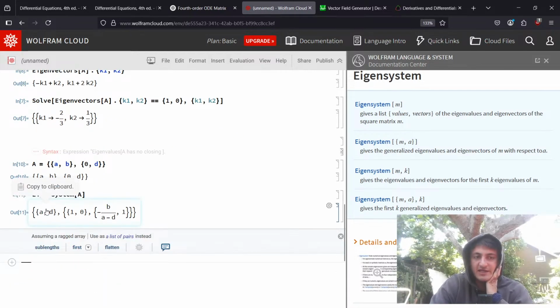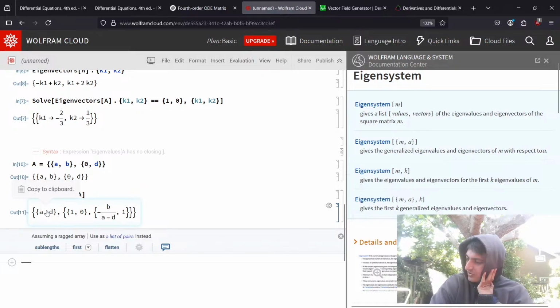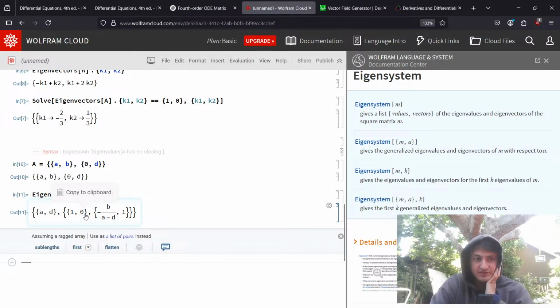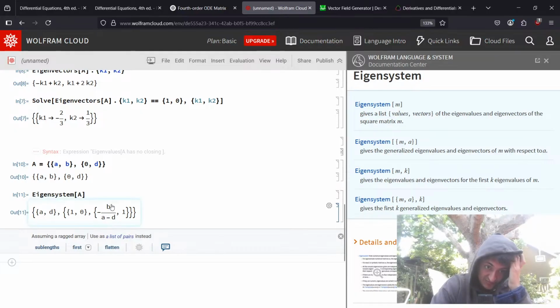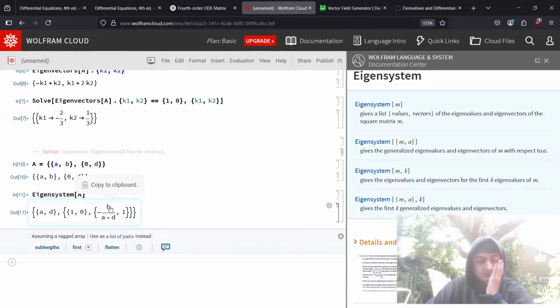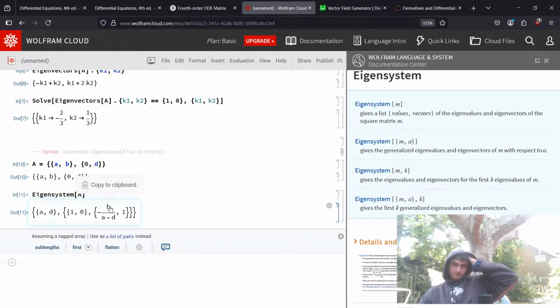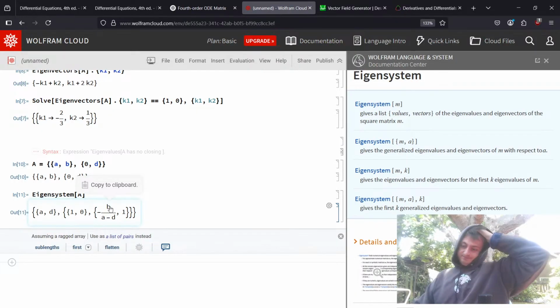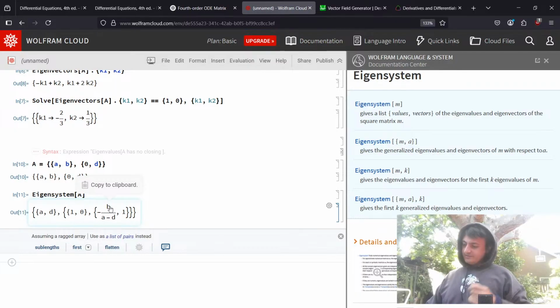So we get A and D are the eigenvalues, yep. And then we get 1, 0. Yep, that's what we got. And then finally we get minus b. Oh, yeah, I think that's right. Wait, no, I did something wrong.